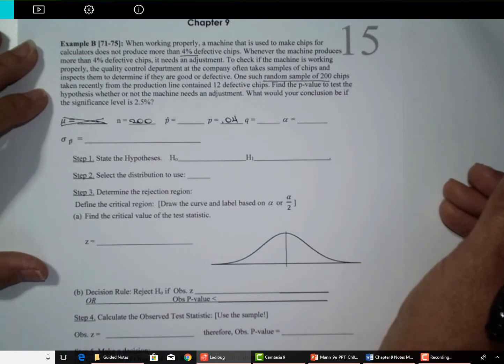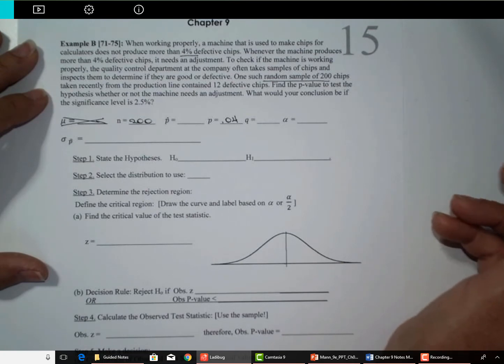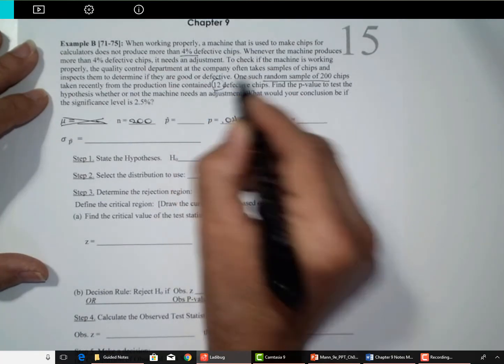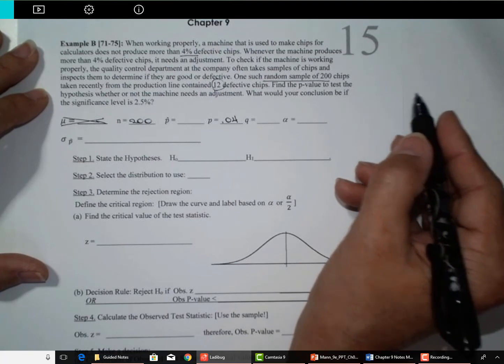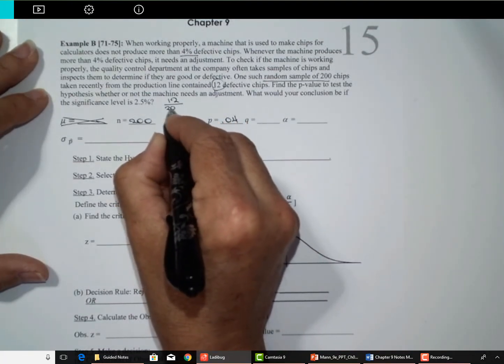Now once you've got that established, you have to ask yourself, what is the proportion of the sample? Well, they took a sample of 200, they found 12 defective chips. They didn't give us a percentage, but we can find it. 12 out of 200 are defective.